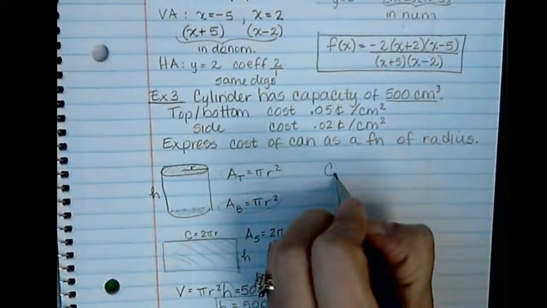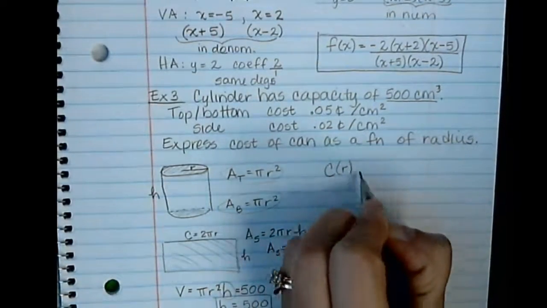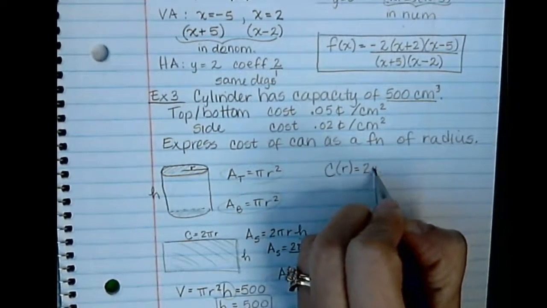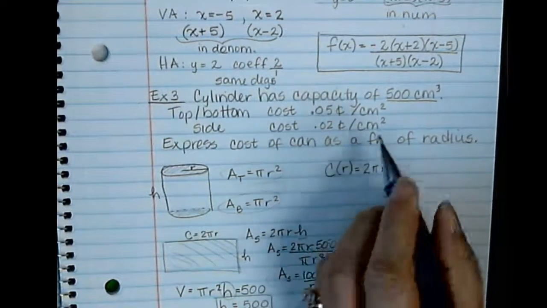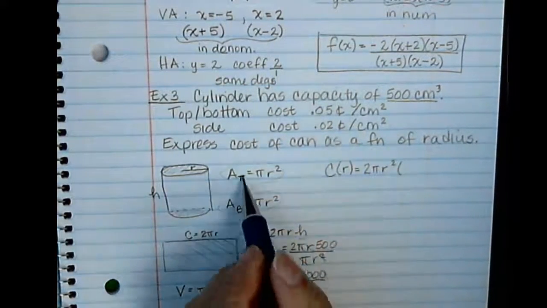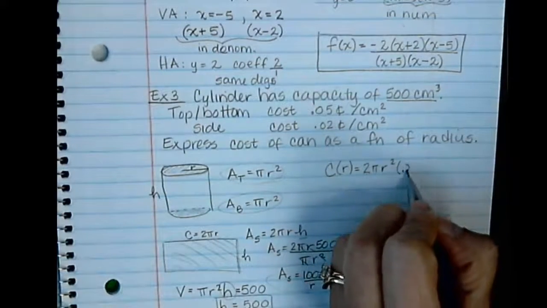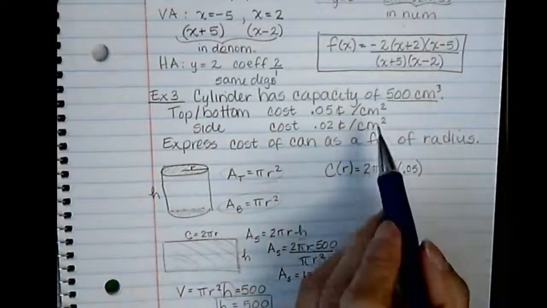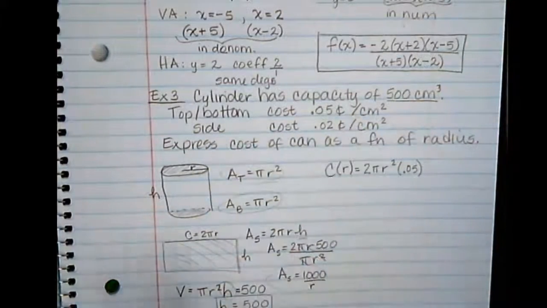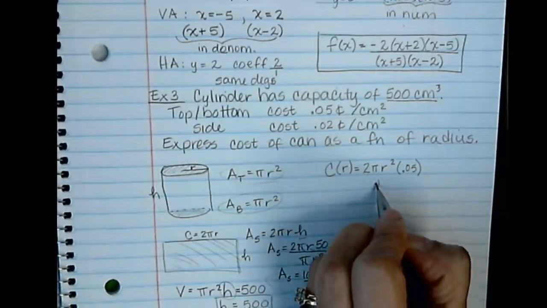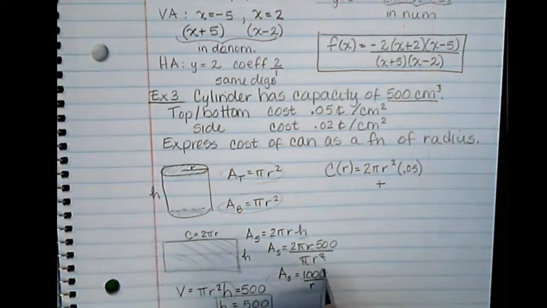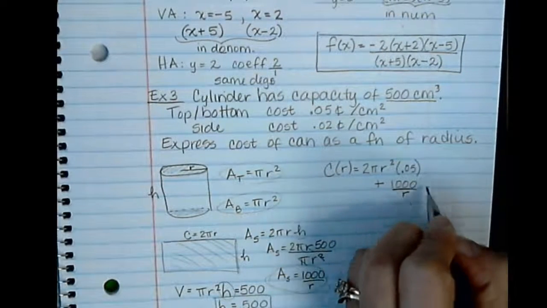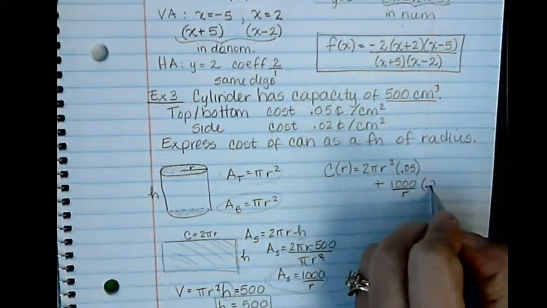So here's our cost, which is going to be dependent on r. I'm going to combine the top and bottom and say I get 2 pi r squared times the cost of doing the top and bottom, 0.05. And we're also assuming that r is in centimeters, so that way the units will work out. Plus, I need to add the area of the side, 1,000 over r, times its cost, 0.02.